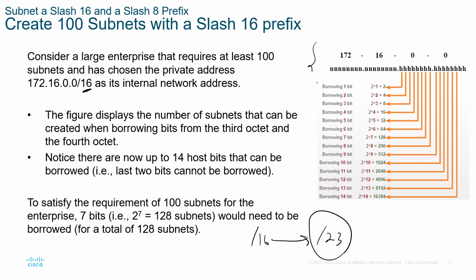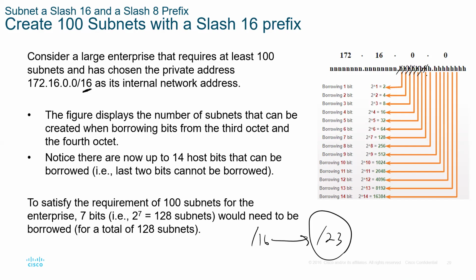Let me use this illustration, it will make explaining much easier. This is my network originally, 16 N's, and I have 16 H's for the host. If I now borrow 7, this one becomes an N, 2, 3, 4, 5, 6, 7. This all becomes the network side.